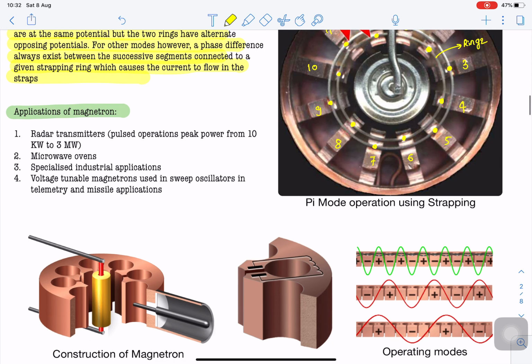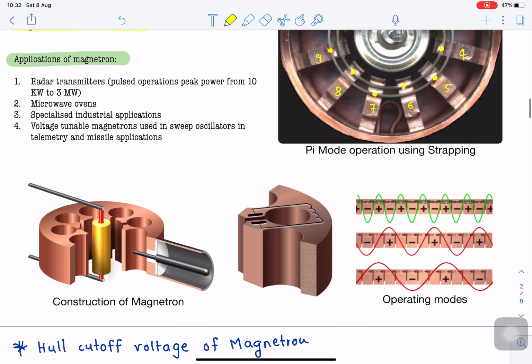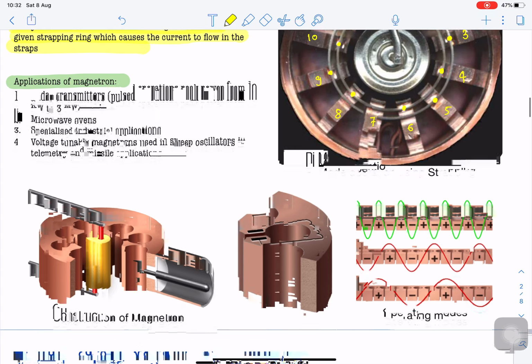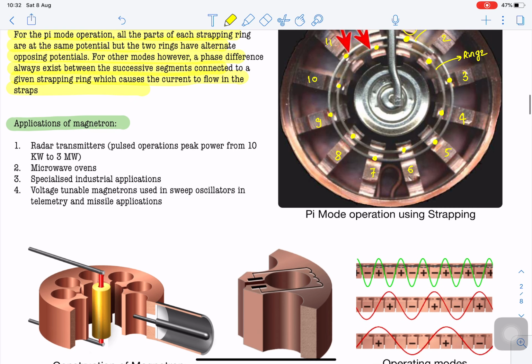We'll see in brief the different applications of a magnetron. Magnetrons are especially used in high power radar transmitters, and they can be utilized for peak pulse power operation from 10 kilowatts up to 3 megawatts. Magnetrons are sufficiently robust to sustain a high level of power at high microwave frequency operation.